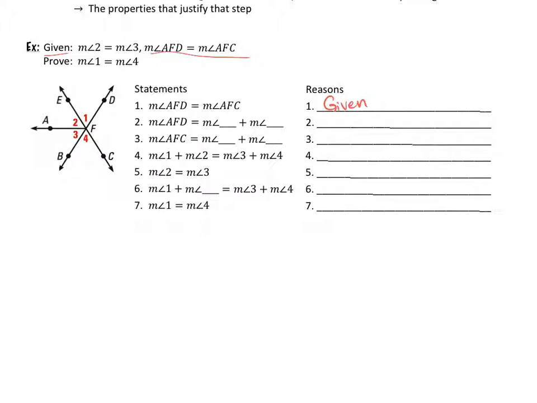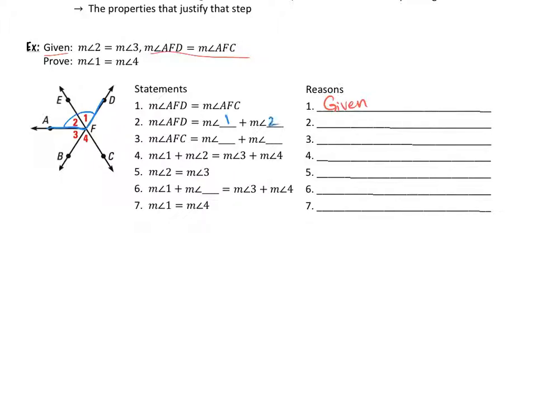In statement 2, it says the measure of angle AFD equals the sum of some other two angles. AFD is here, and so that is measures 1 and 2.